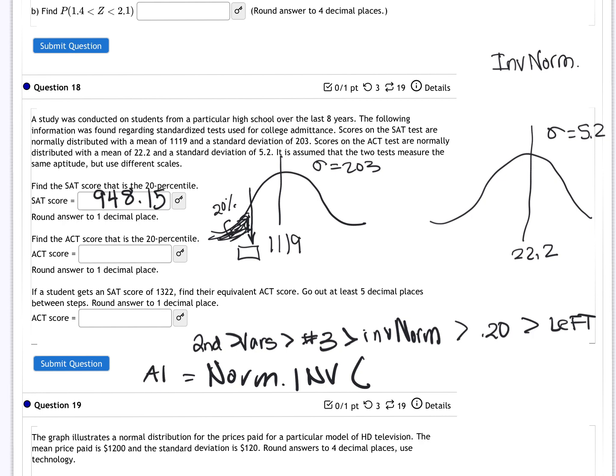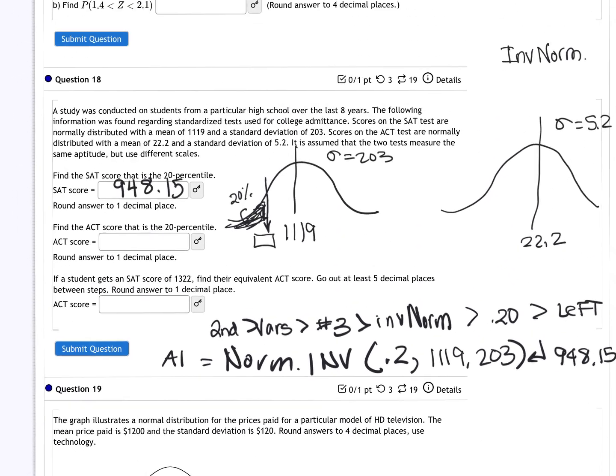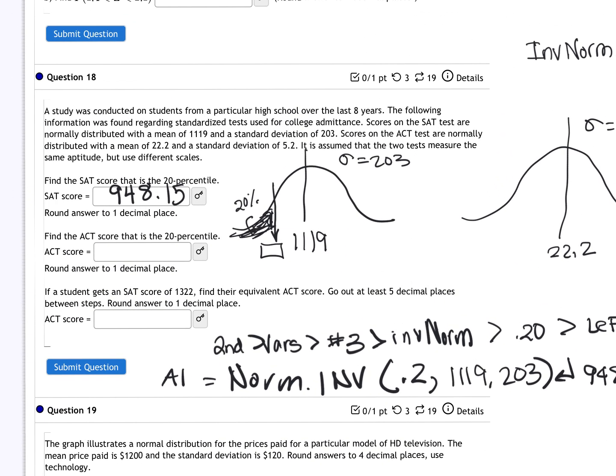Close parentheses, hit enter, and I get the same number out, 948.1815. So again, that was my left tail area, my mean, my standard deviation. Next one, find the ACT score that's in the 20th percentile.